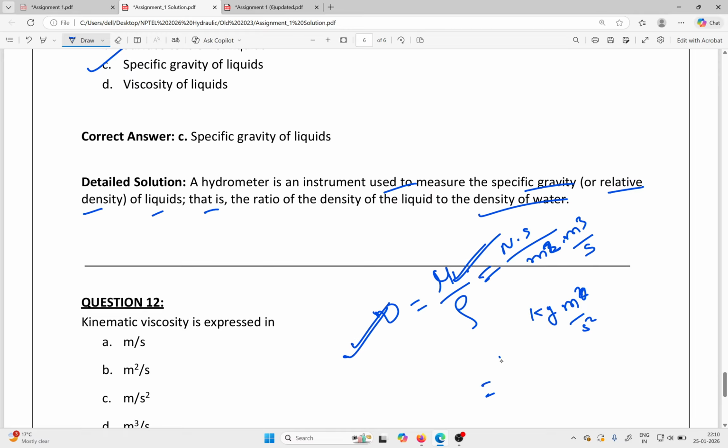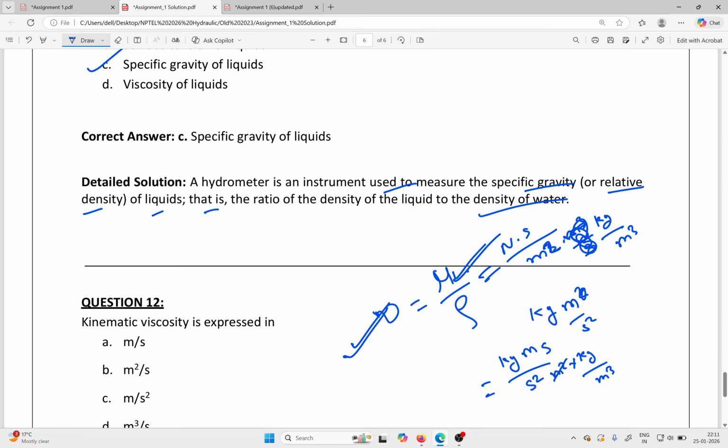So kg meter per second square, second, meter square, over kg per meter cube.